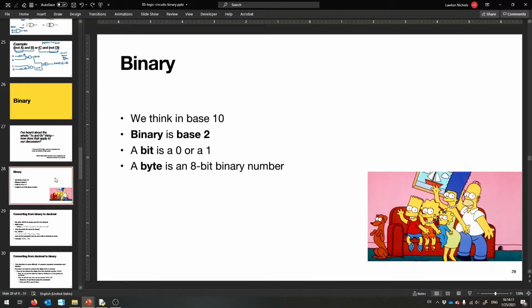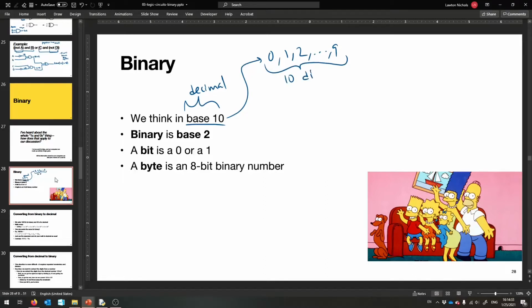So binary is just a number system, and you are probably much more familiar with base 10, which is also known as decimal. Okay? And the reason we call it base 10 is because you have 10 digits to choose from when you're making numbers. 0, 1, 2, all the way down to 9, which is 10 digits in total.